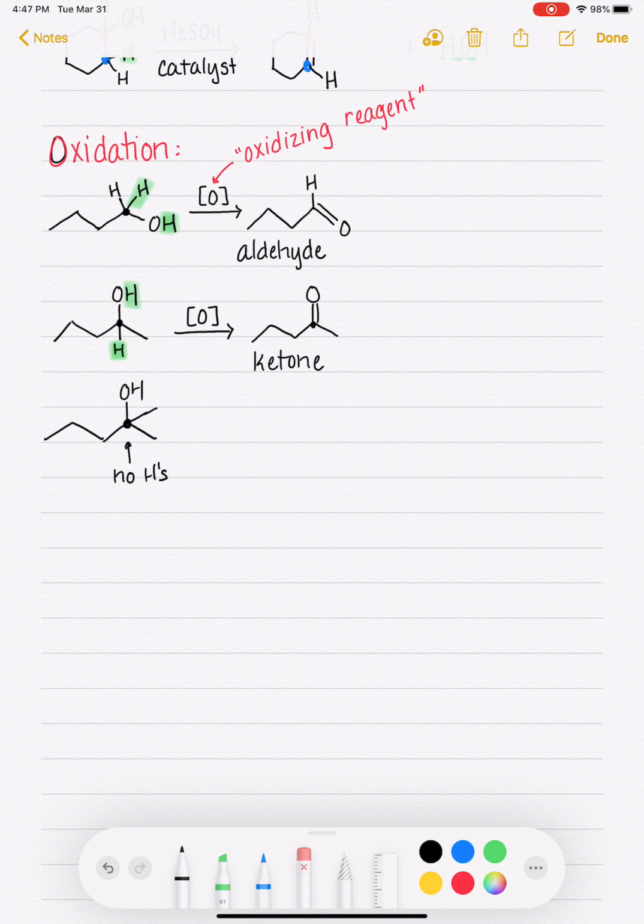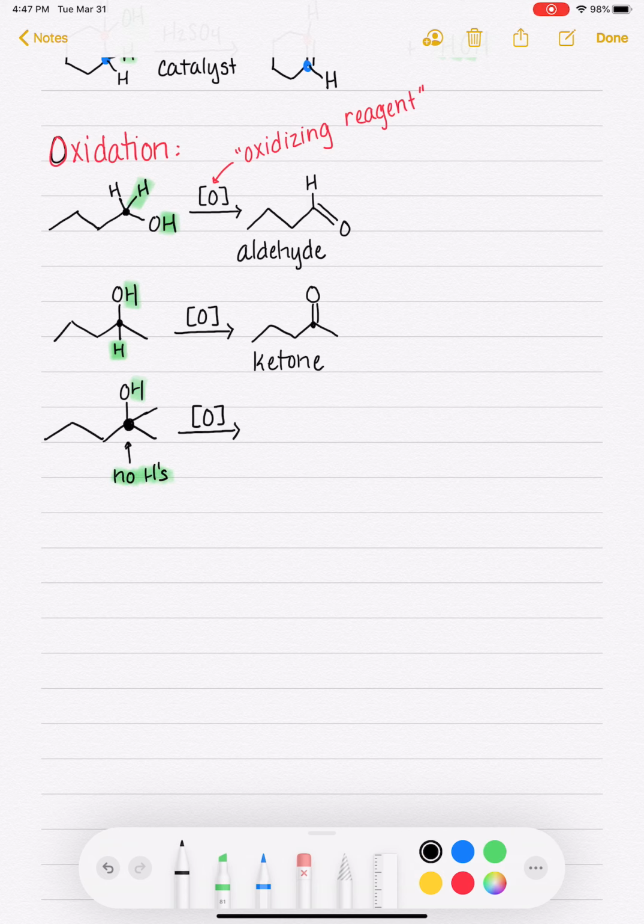So let's look at our last type of alcohol. Again, to oxidize, we need to remove the hydrogen from the oxygen, and we need to remove a hydrogen from the carbon that's attached. However, this carbon has no hydrogens on it.